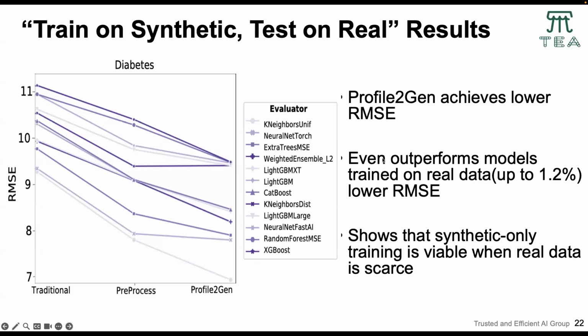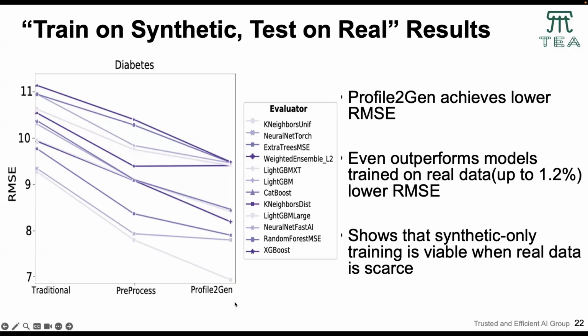And as I just mentioned, they use how good the trained regression models are on this data to measure the effectiveness of this data. And we can see through this graph, I think it is clear that the traditional way has the highest mean square error. And once we add profiling, it gets a lower mean square error.